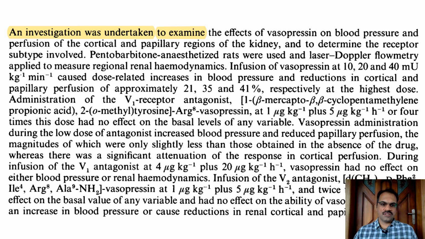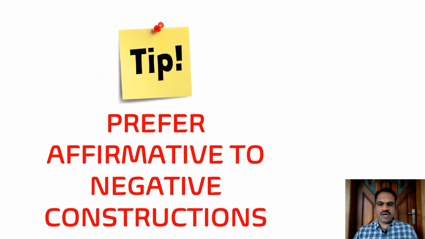So many words. We investigated. Or you can say the effects of vasopressin were investigated, things like that. So when you convert these nominalizations into their corresponding verb forms, it is more clear, and you also save on word count.